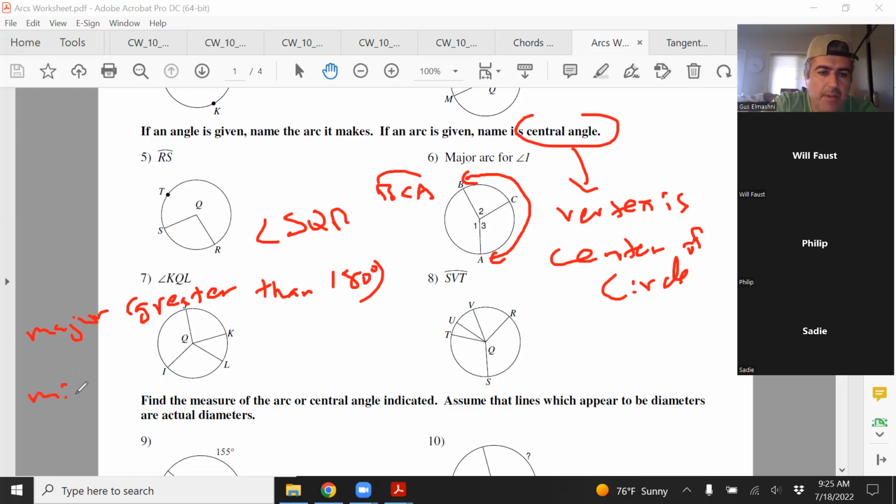Minor, okay. So angle KQL, so that's just RKL. Then arc SVT.